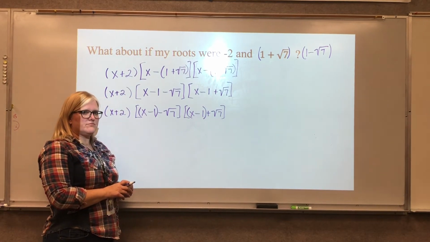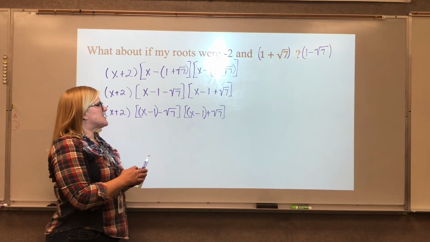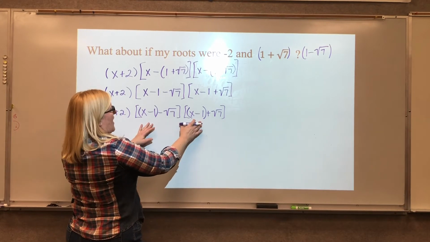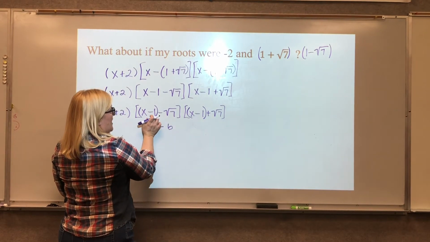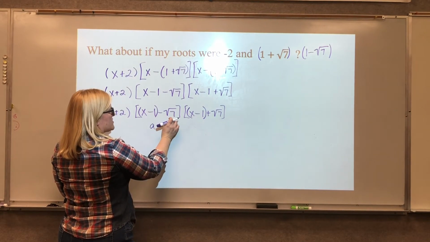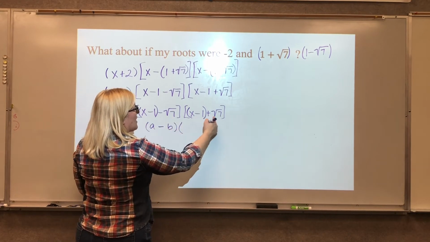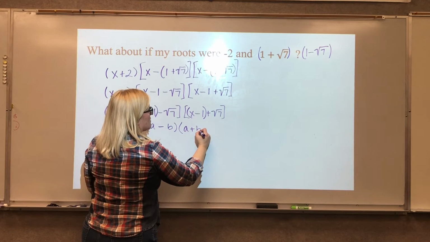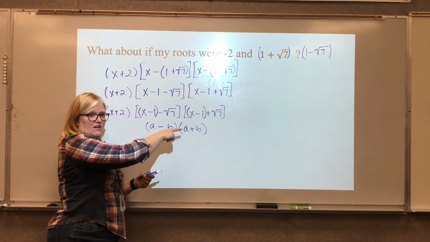So now the parentheses are going to go around x minus 1. Okay? So why in the world would I do that? Well, because now the situation I have is a minus b, where a is x minus 1 and b is the square root of 7. I have a minus b times a plus b. That's the situation that I have right there.